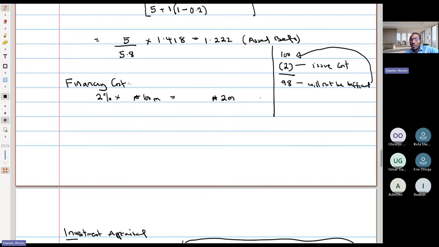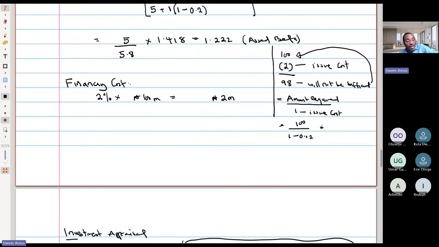So to determine that amount, there is a formula for that. That would be the amount required divided by 1 minus the issue cost. So that would be 100 divided by 1 minus, our issue cost is 2%, so that is 0.02.